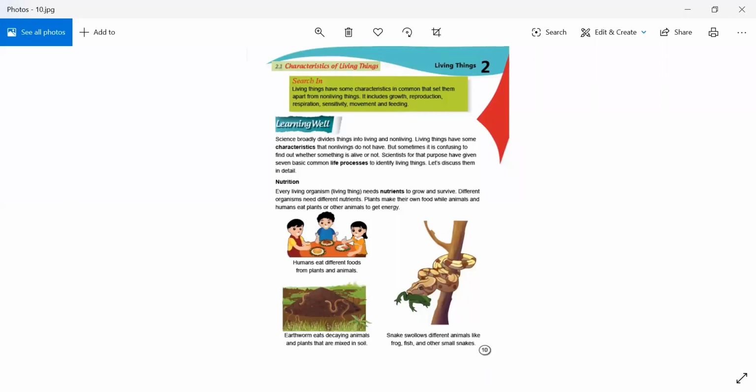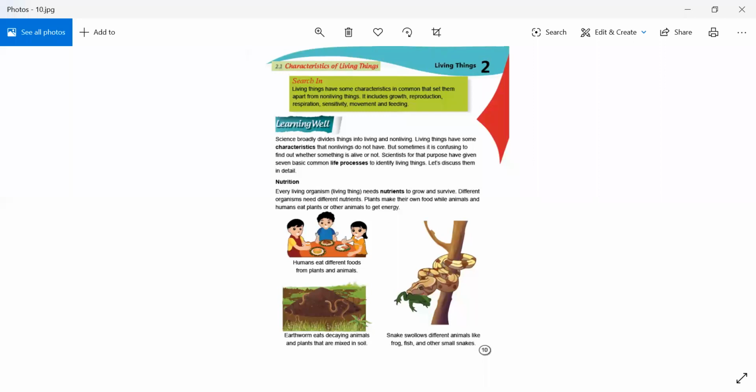So what we can say that every living thing needs nutrients to grow and survive. But obviously as they are different, all living organisms cannot be of the same category. But if they are different, so they need different nutrients as well.